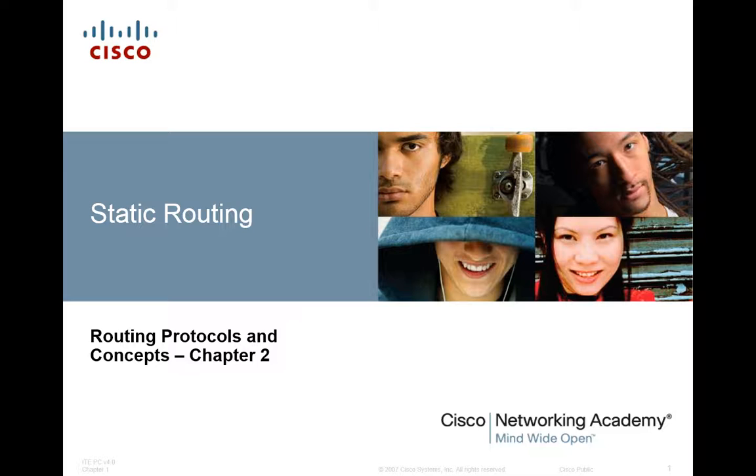Default routes will always be 0.0.0.0 0.0.0.0 and what port you're going out. Always. So eight zeros. It'll always be the destination IP address. Default route, I don't care where it goes. You use that when you only have one way, one hop out.